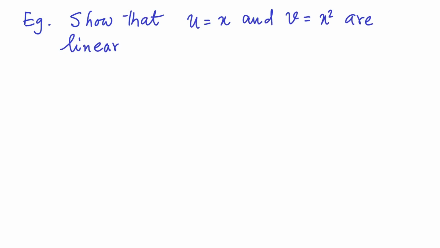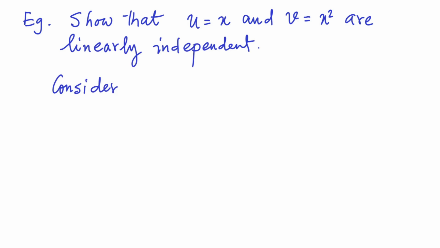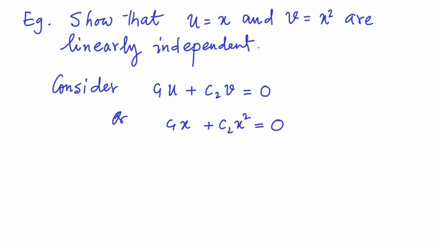Now show that u equal to x and v equal to x square are linearly independent. Again, we consider the condition c1 times u plus c2 times v to be the null vector, which is 0 here, or c1 times x plus c2 times x square equal to 0.